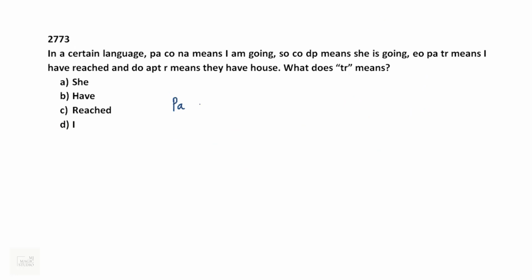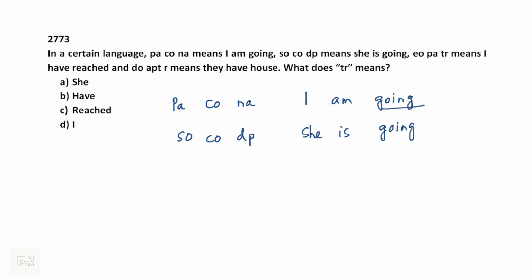In a certain language, pa ko na means I am going. So ko dp means she is going, and here we can see going is common and ko is common.